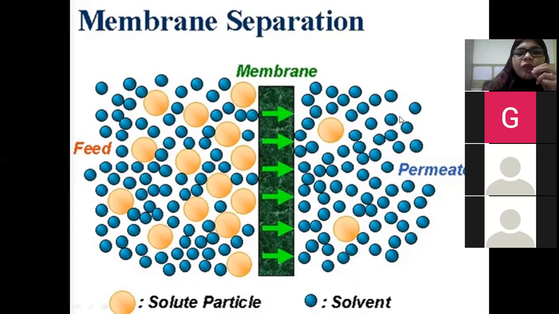You can see here that the maximum is water molecules. So this membrane is going to allow only the water molecules to pass through, and whatever comes out from this membrane is known as permeate. That means these are the things which are allowed to permeate through the membrane. So we call it permeate.